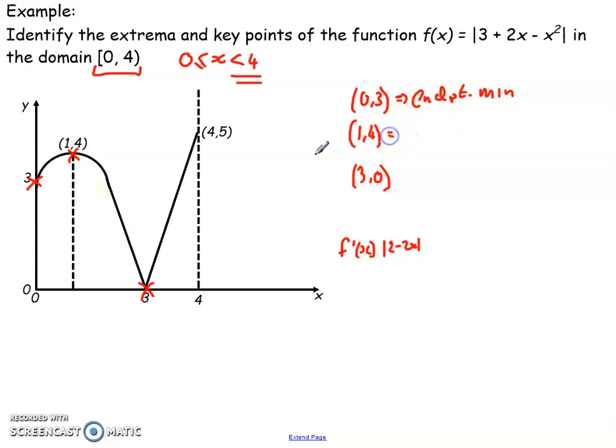If we look at the point 1, 4 here, the function is totally continuous through there, so what we then look at is f dashed of 1. F dashed of 1 is 2 take away 2x, so it's 2 take away 2 times 1, which is 0, so magnitude of 0 is equal to 0. What that then means is that it's a local maximum point.